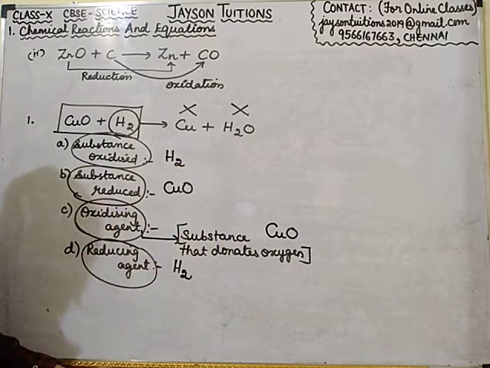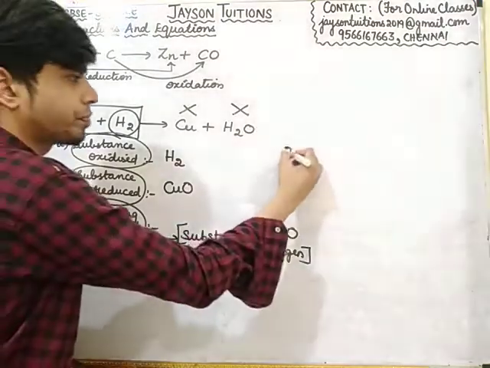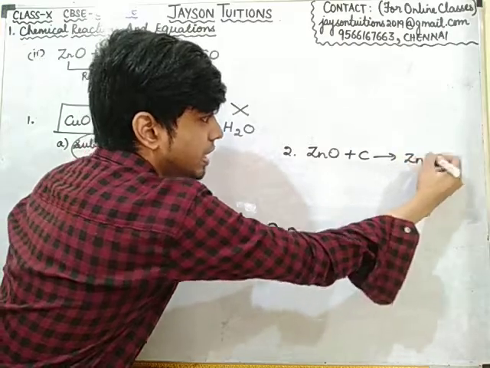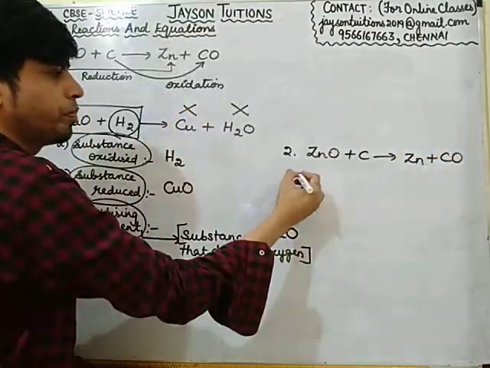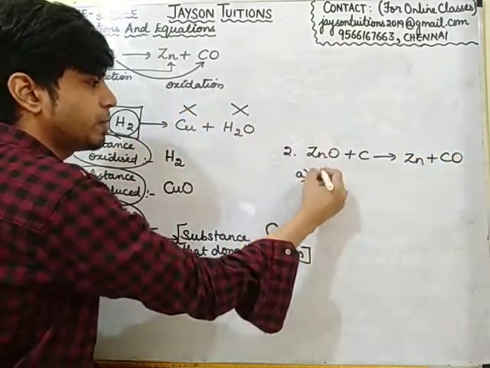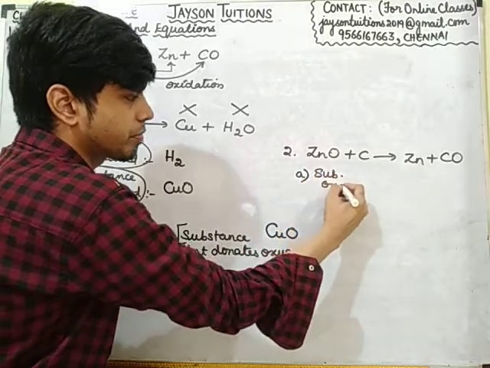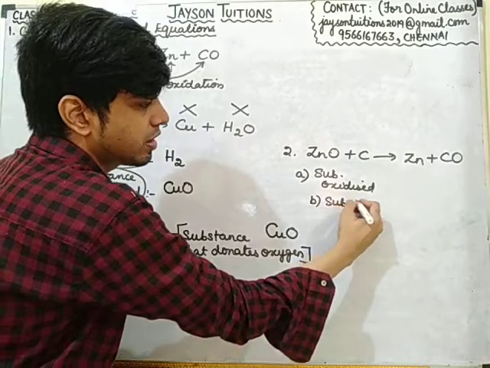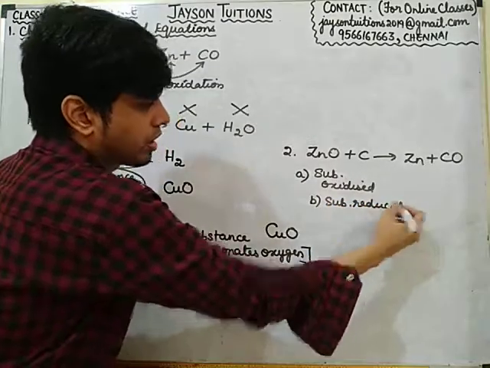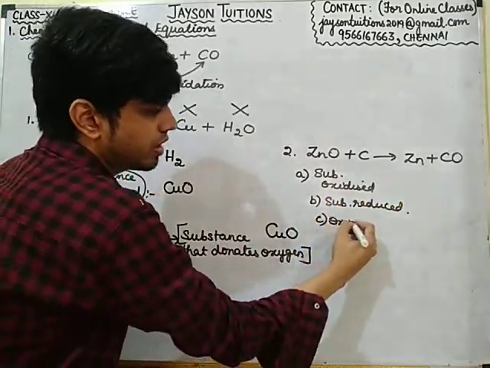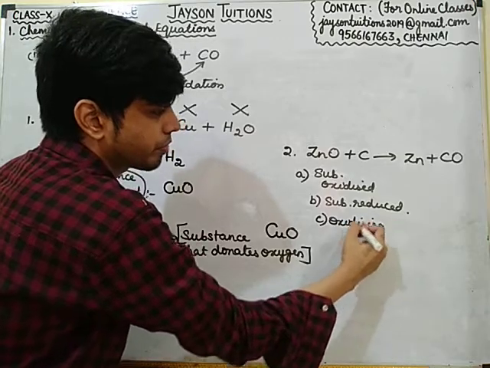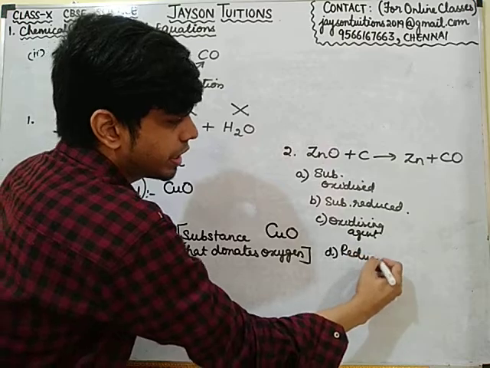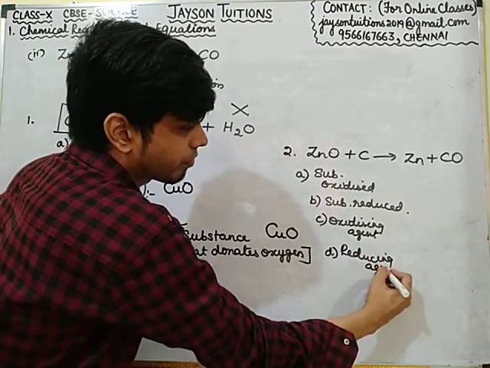One more reaction I will write here: ZnO plus C gives Zn plus CO. Now say which substance is oxidized, which substance is reduced, which is the oxidizing agent, and which is the reducing agent.